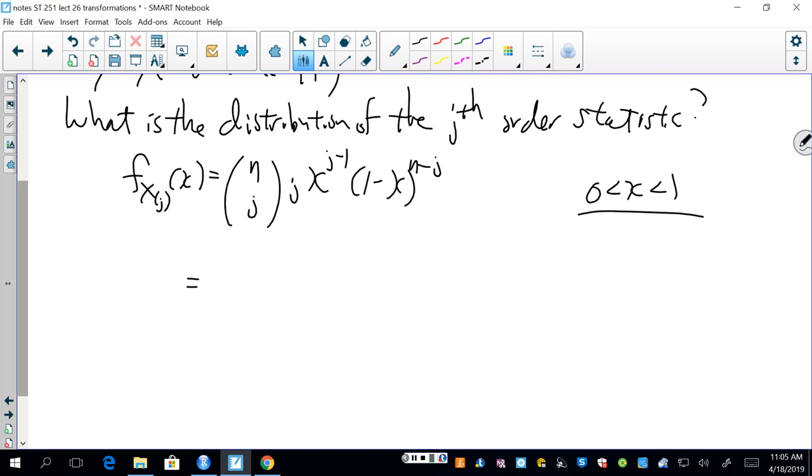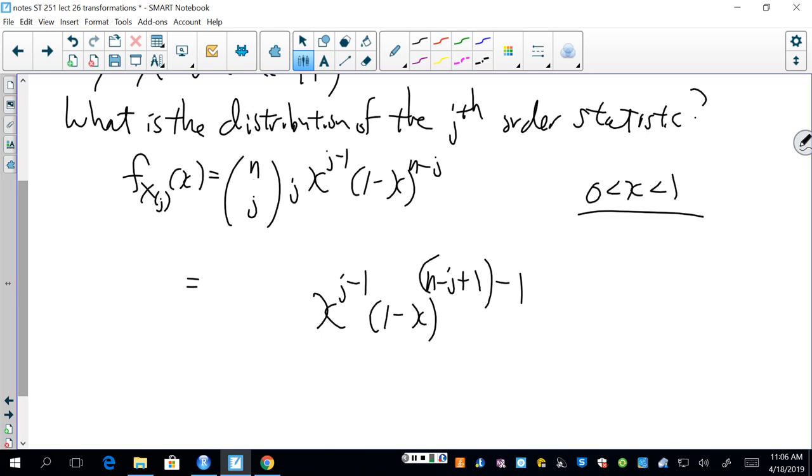Usually for a beta, we need a minus 1 there. We want a minus 1 over here, x to the j minus 1. No, plus 1. We want a minus 1 over there, right? So if we change it like that, it looks like one parameter minus 1 and the other parameter minus 1. And then what we want to see is, do these things work out over here?